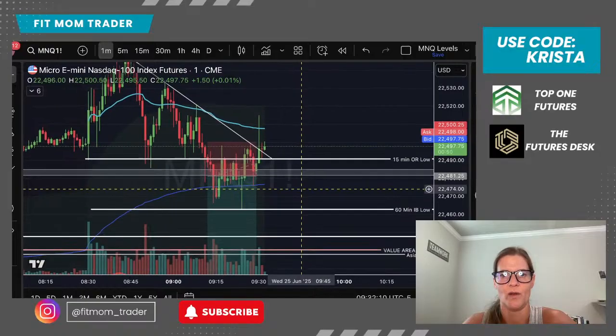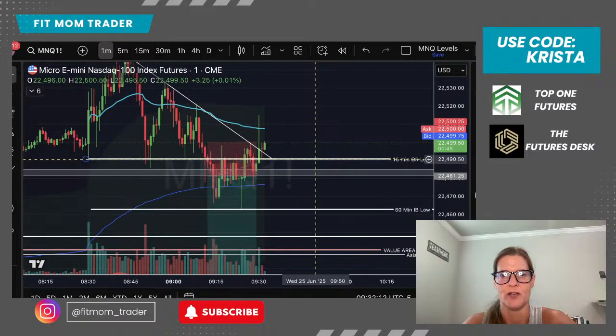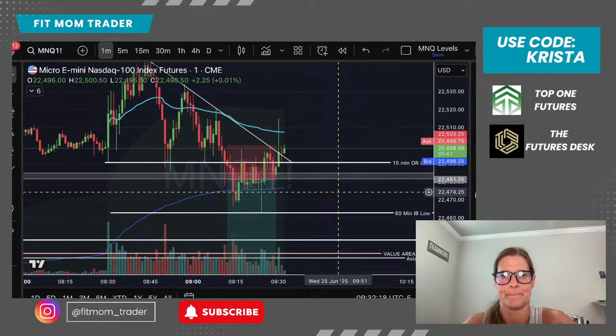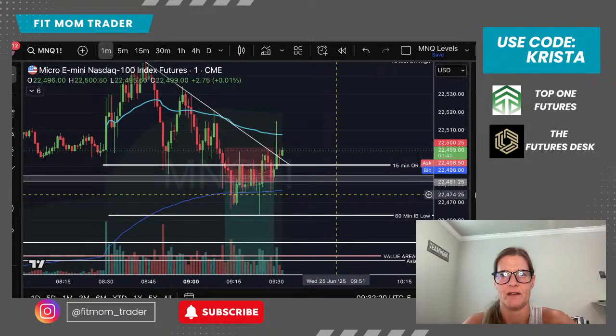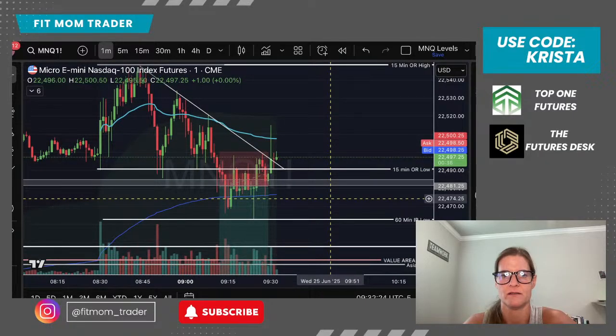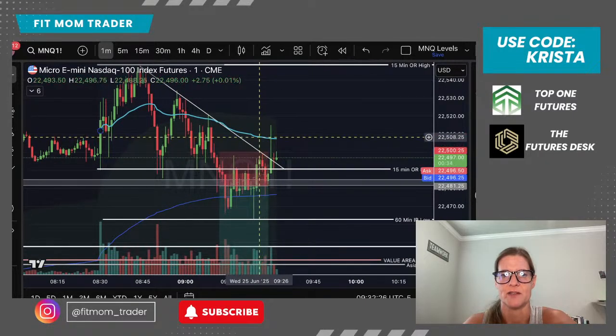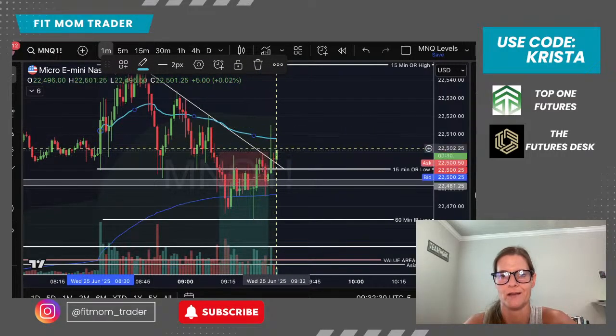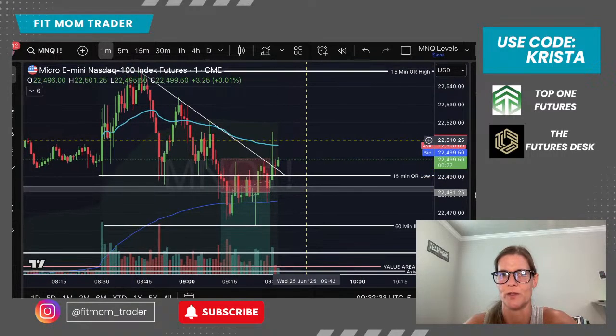So we're starting to hold above this 15-minute opening range low. We are above VWAP. But I don't feel like longs would be the play for me. Just because we're below New York and we don't have a lot of volume and momentum up at this point.